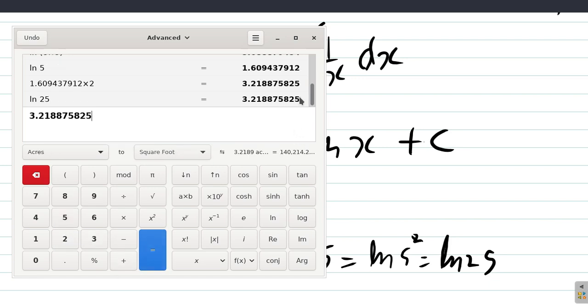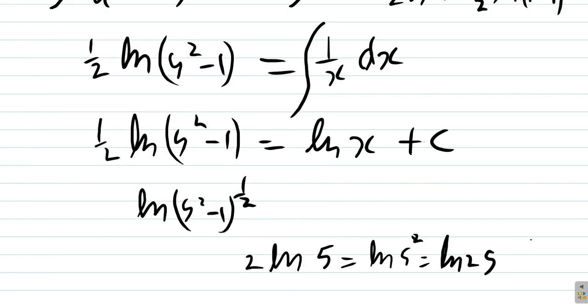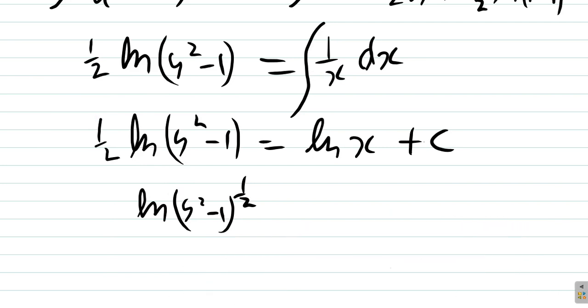Same thing. Alright? You have to remember your laws of logarithms. Alright? So here now, c could be ln of another number. So let's say it is ln x plus ln d.